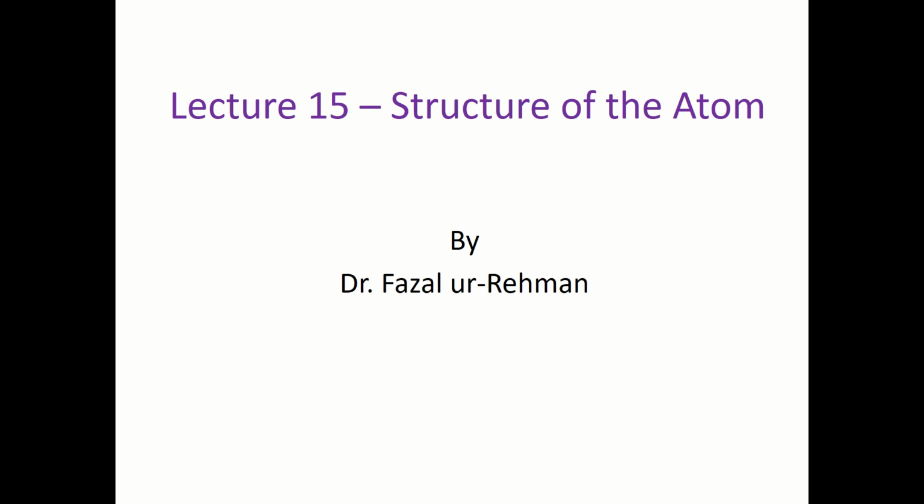Before we start, if you remember last class, we spoke about matter and the properties of matter. We mentioned that matter is anything that has a mass and occupies a space. And we said that matter could have either physical properties or chemical properties.